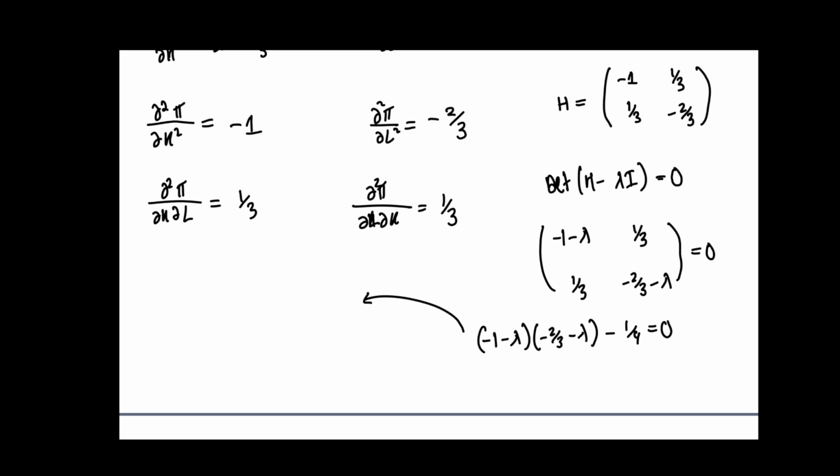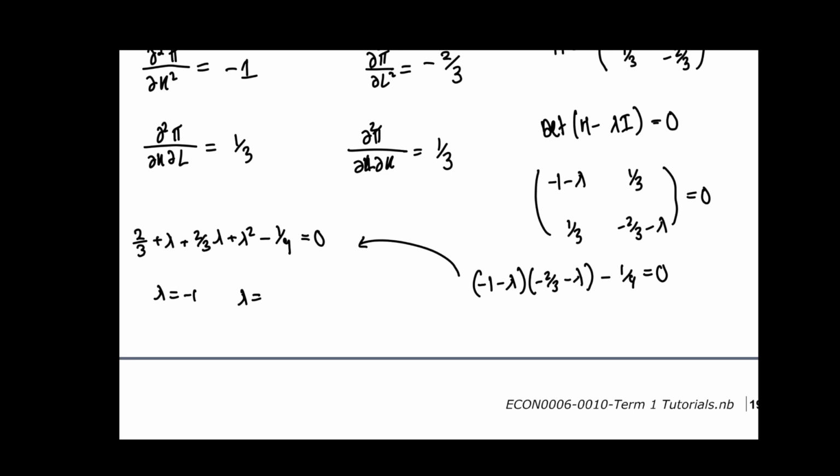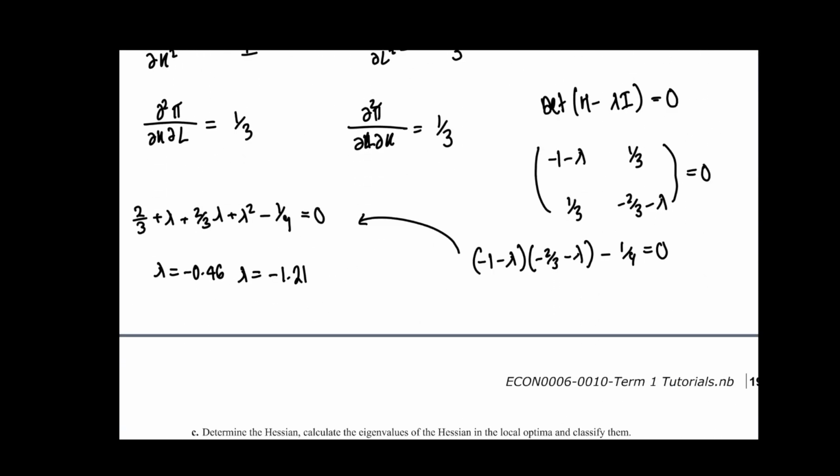Expanding these brackets, we will get 2 over 3 plus lambda plus 2 over 3 lambda plus lambda squared minus 1 over 9 is equal to 0. When we solve this, the two values of lambda that we get are minus 0.46 and minus 1.21. As both eigenvalues are negative, it means that the local optimum is a maximum.